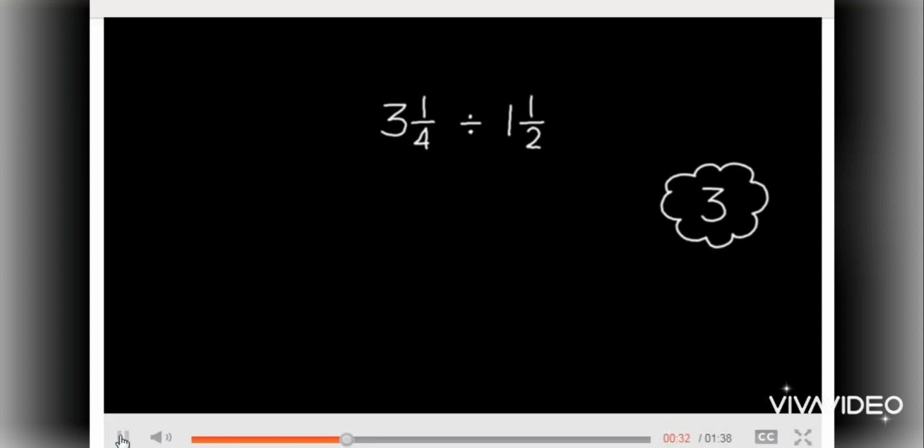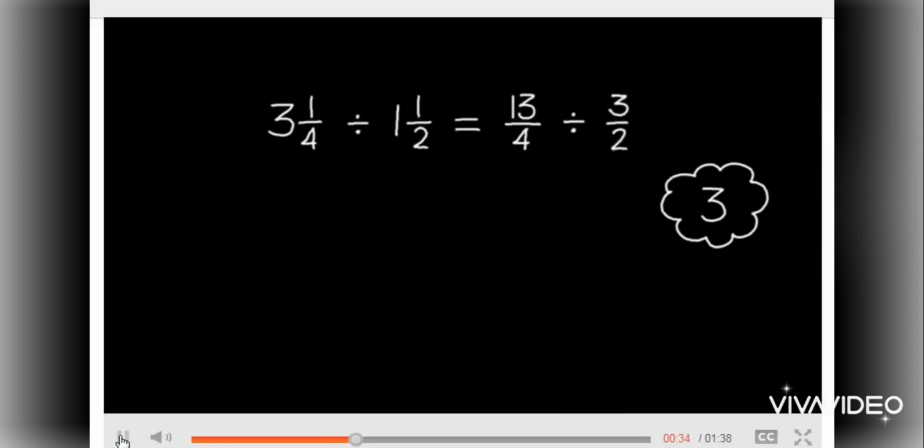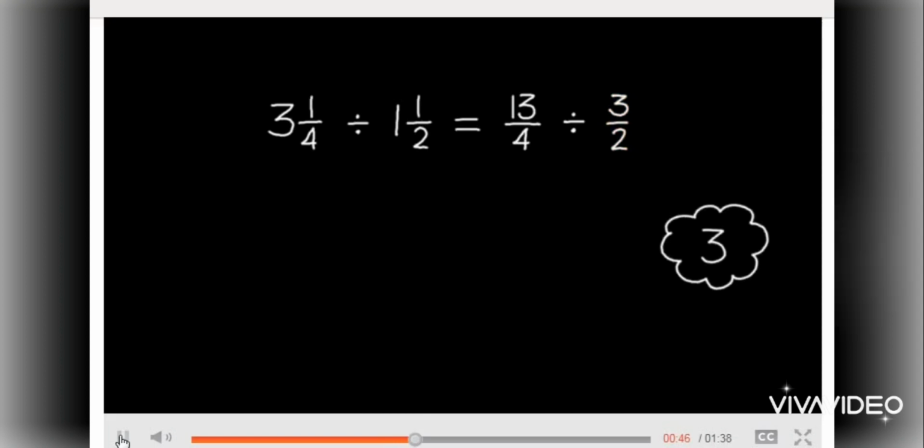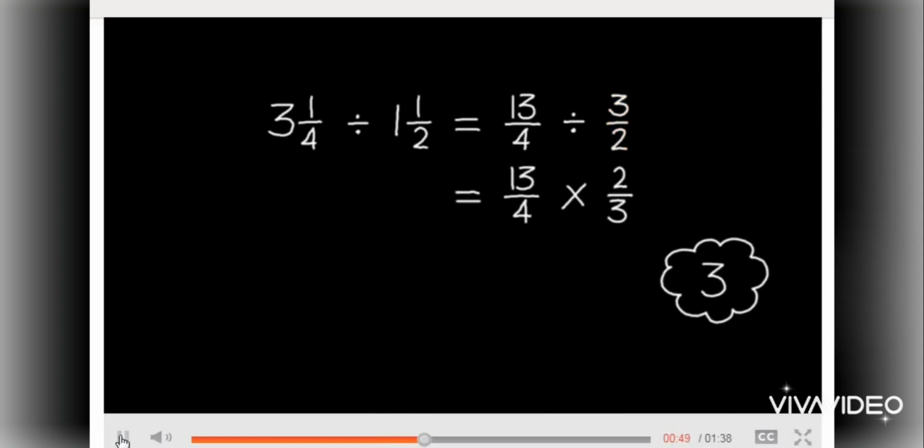Now, let's find the quotient. Start by writing each mixed number as a fraction. 3 1/4 equals 13/4. 1 1/2 equals 3/2. Next, rewrite the problem as multiplication. Remember, instead of using 3/2 for the divisor, use its reciprocal, 2/3. Then, multiply the fractions. 13 times 2 equals 26. 4 times 3 equals 12.